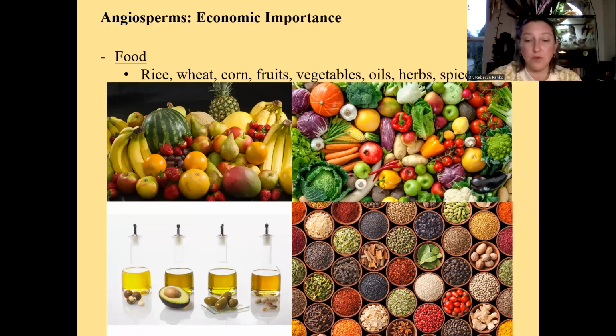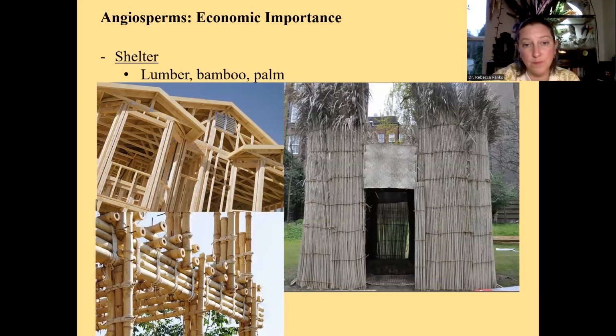We built civilizations on these very important angiosperm crops, and we use angiosperms for all of our food products, really. The vast majority of our food products come from the angiosperms. Some examples here are your rice, wheat, corn, all of the fruits that you call fruits, right? Vegetables, oils, herbs, spices, even things like beer and wine, those all come from the angiosperms.